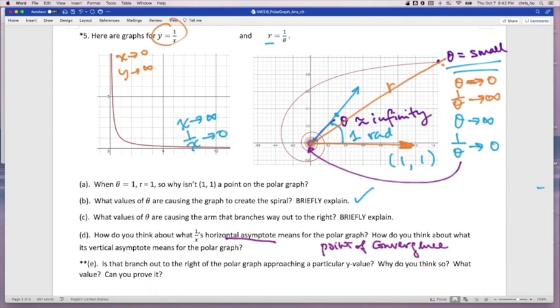So you can imagine how long r would have to be. It would have to be off the page as the angle becomes smaller and smaller. So this spiral would never touch the x-axis.